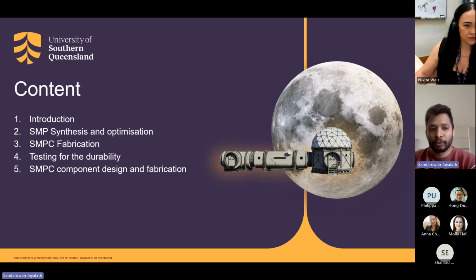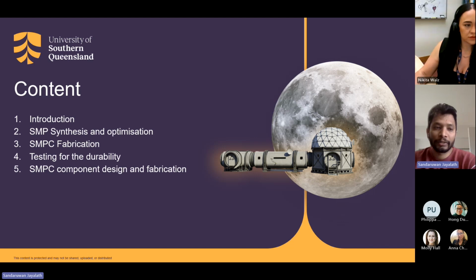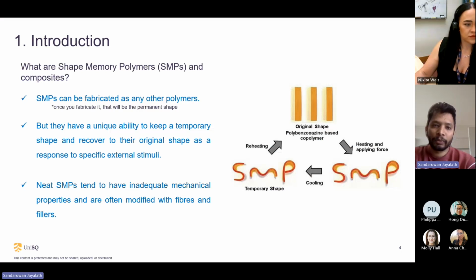And then using that shape memory polymer, in short form SMP, to develop and fabricate the shape memory polymer composite, in short form SMPC. And then I'll be testing that for durability, and then shape memory polymer components design and fabrication for the end use.